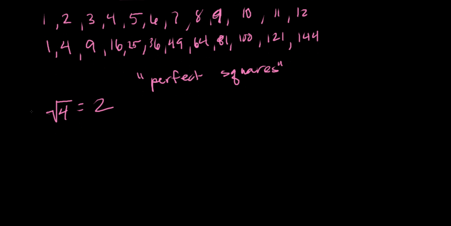But not all numbers do that. Not all numbers give you a nice, clean answer. So, for example, what if you had the square root of 12? Well, look at this. 12 is between 9 and 16. So that means it's not 3 and it's not 4. It's something in between 3 and 4.